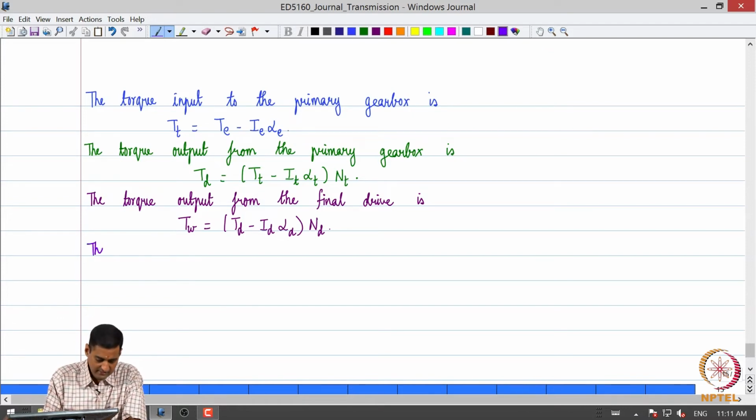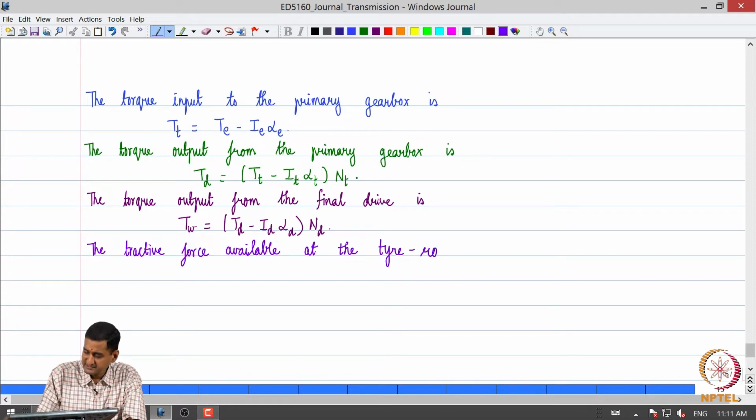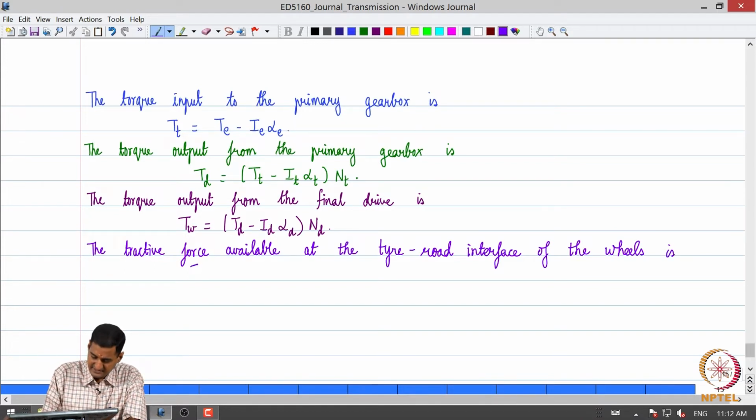So, the tractive force F available at the so called tire road interface of the wheels from the powertrain is F, which is going to be equal to TW minus the inertia of the rotating components of the wheel assembly.